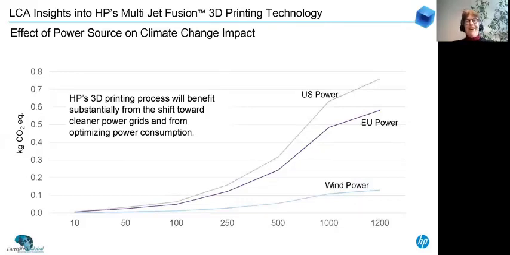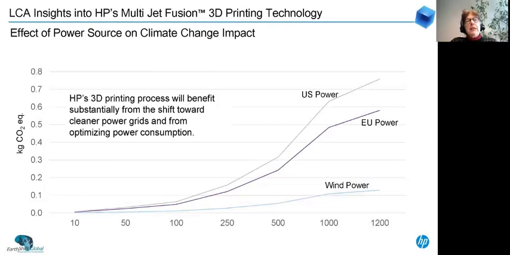Most of us are looking at a cleaner grid than we were before in terms of greenhouse gas emissions, particulates, and a lot of other things. And so one of the things we did look at here is how the 3D printing process is going to change as the grid gets cleaner.